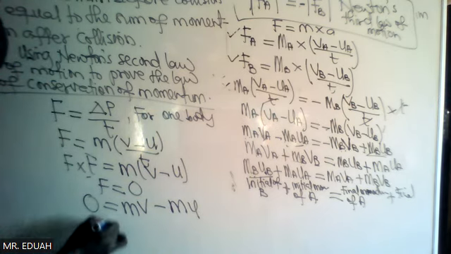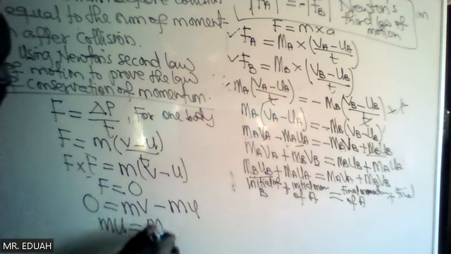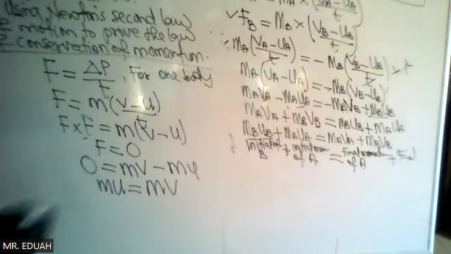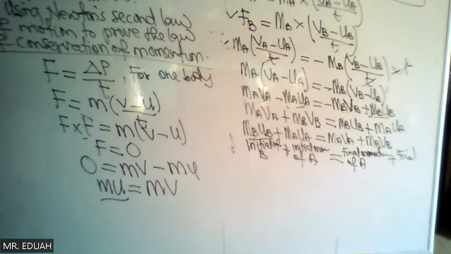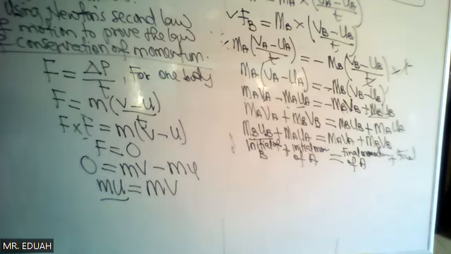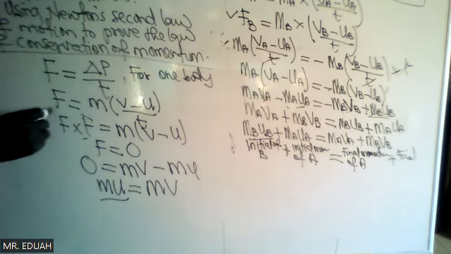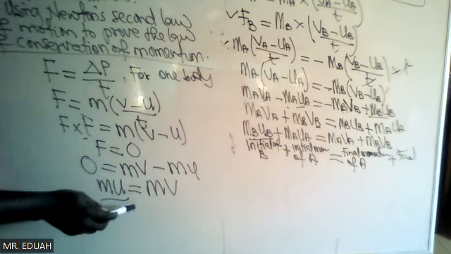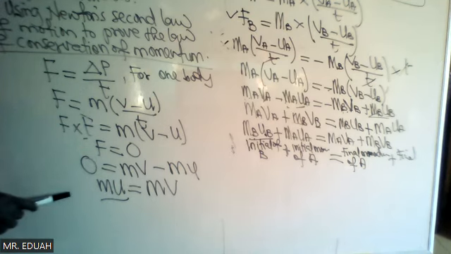Therefore, we have mu is equal to mv. Class, what is mu? Initial momentum. And then mv is final momentum, telling you that when there is no external force acting on a body, then its initial momentum is equal to its final momentum.